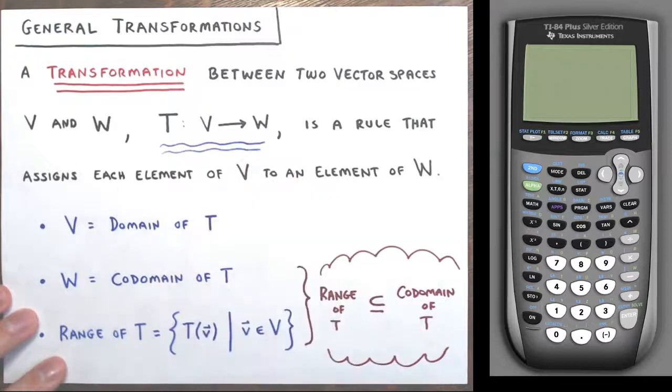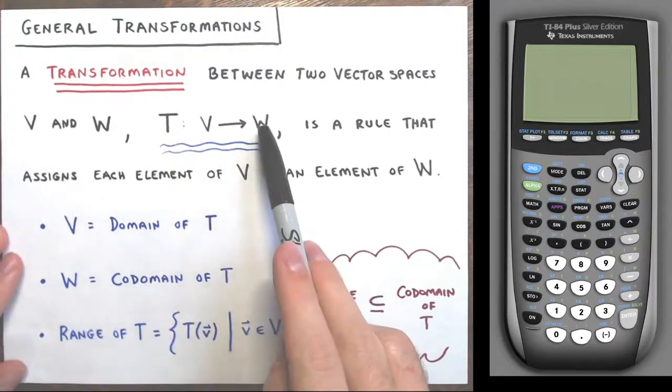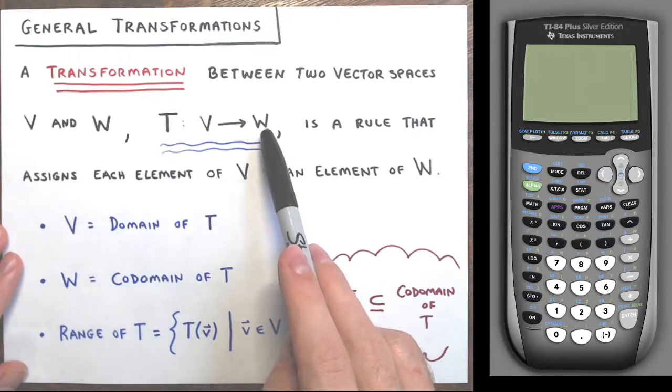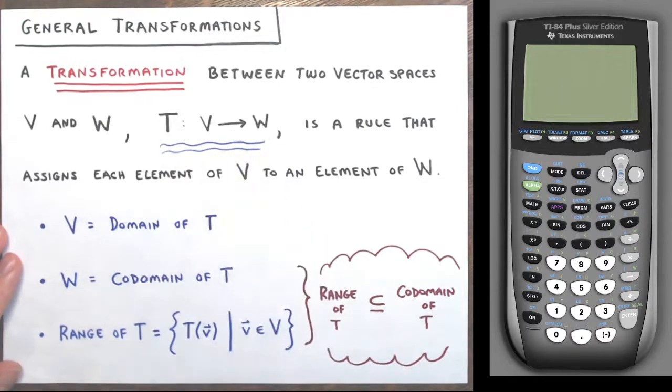Again, if you go back and watch my videos on transformations between Euclidean vector spaces, you saw some examples where the codomain didn't have all of the outputs. All the outputs were in there, but not everything in there is an output, right? So not every element of W has to be an output of the function, or of the transformation T.